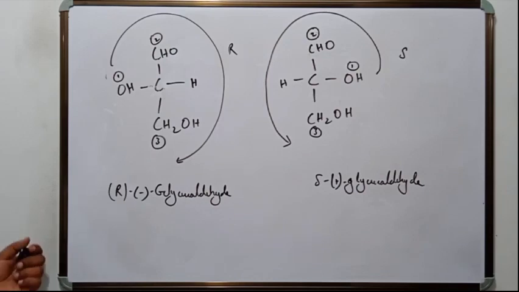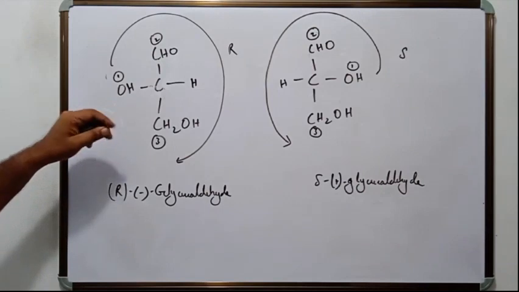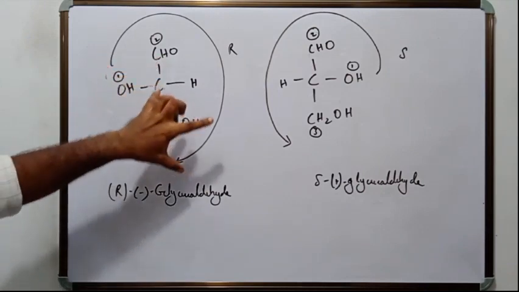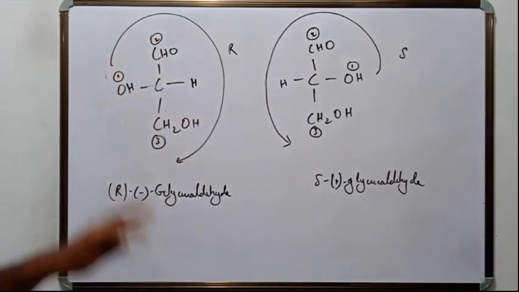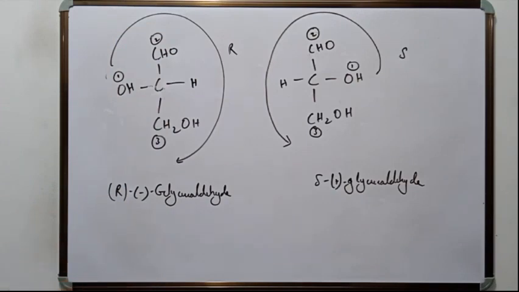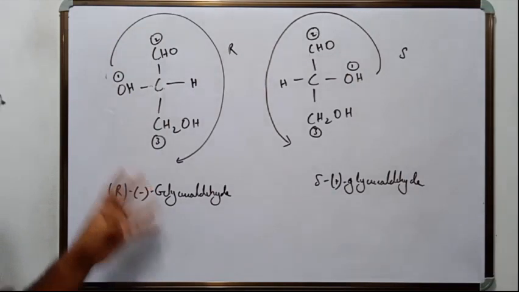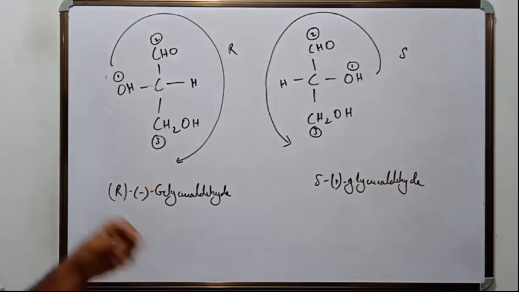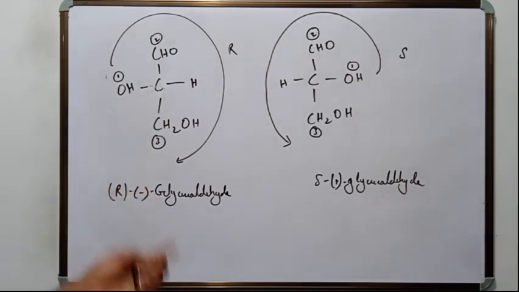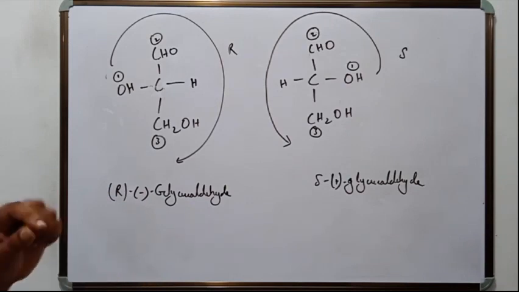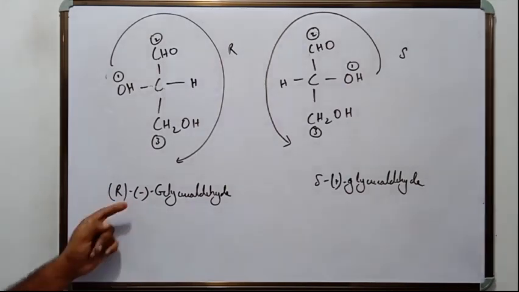Now, as we have seen in lactic acid and in glyceraldehyde, both of these molecules are actually asymmetric. Asymmetric means that the molecule cannot be divided into two equal halves. Correct? So only asymmetric compounds will show optical isomerism. Can I ask you the reason why these molecules are asymmetric?